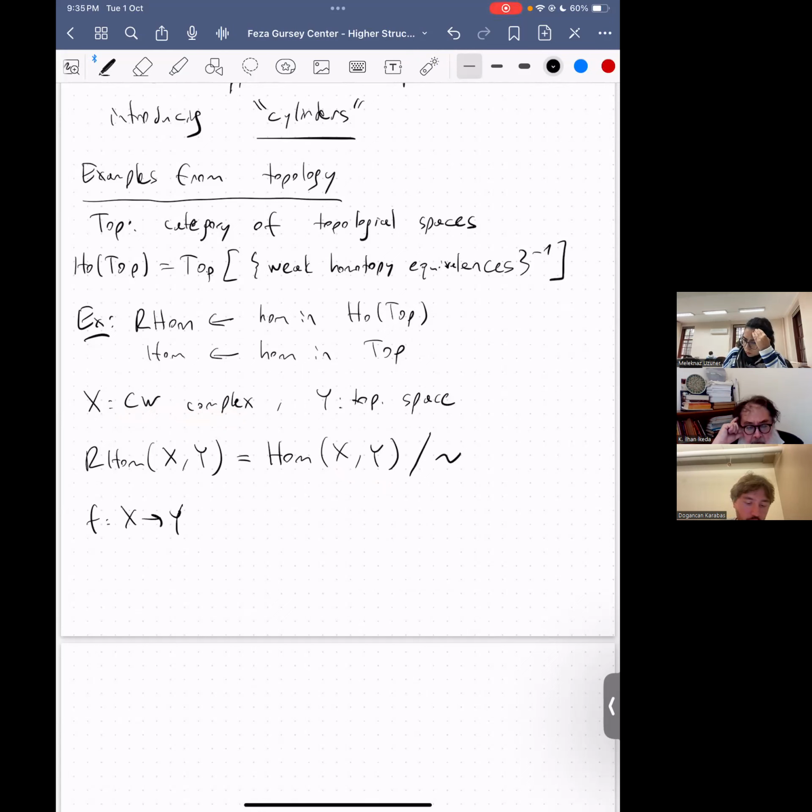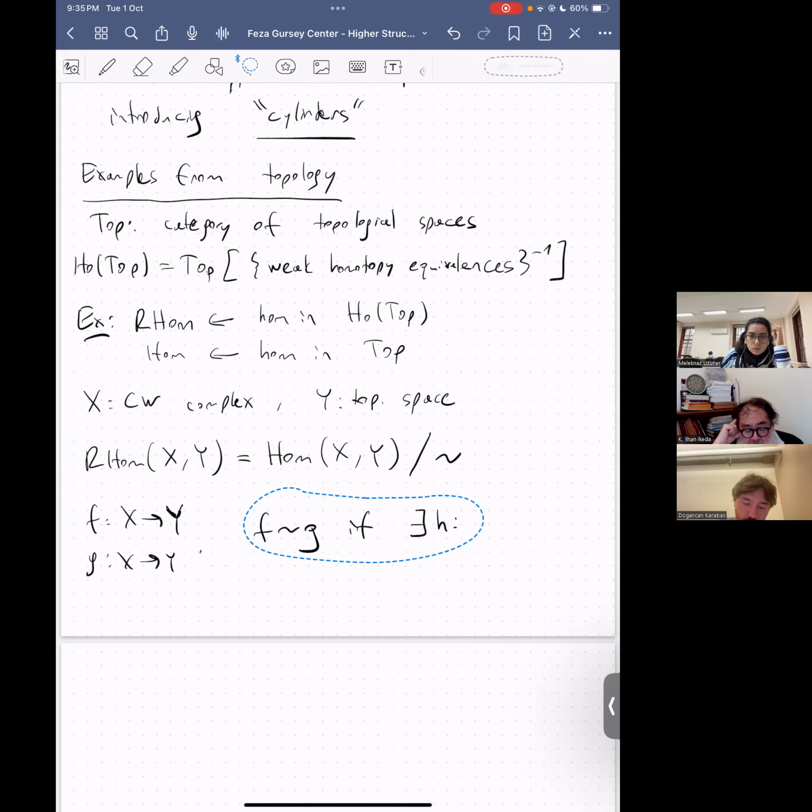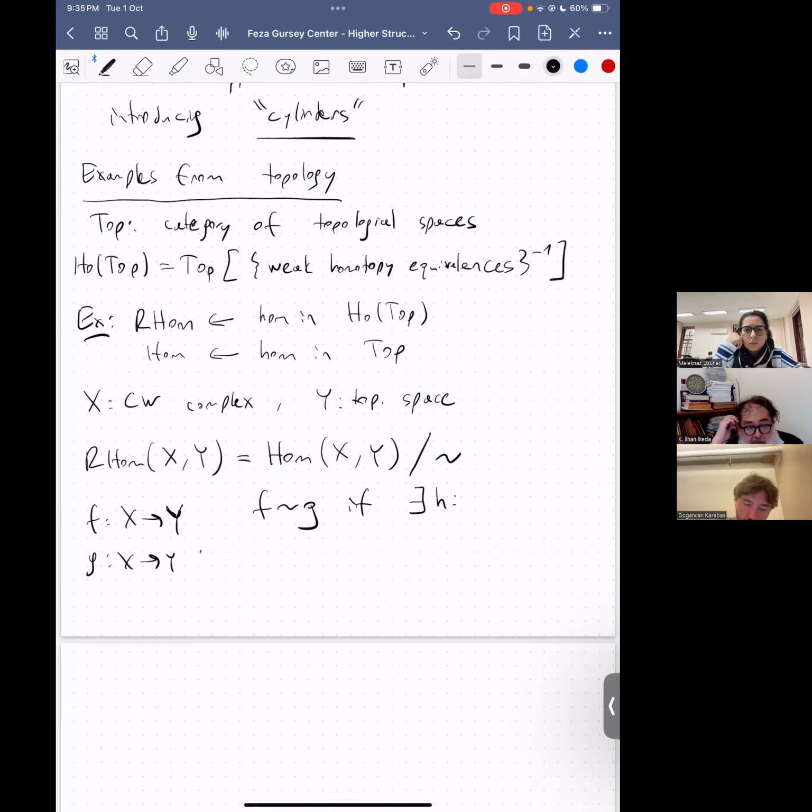Let's say I have two continuous maps F and G. I say F and G are homotopic if there exists a continuous map H such that this diagram commutes.